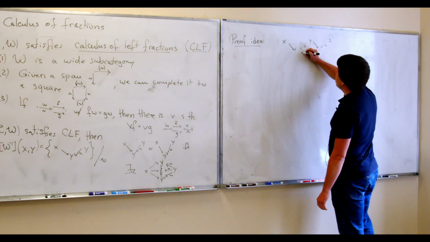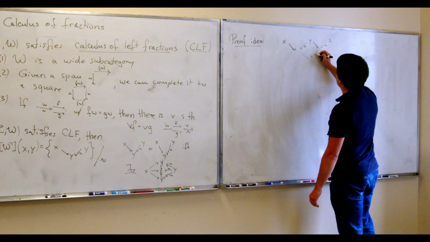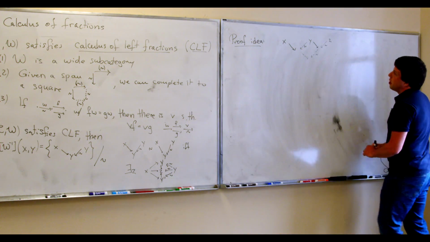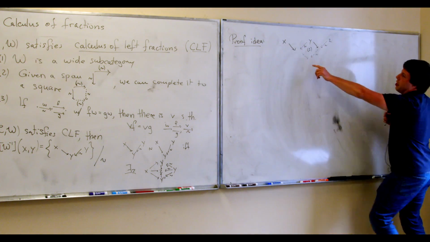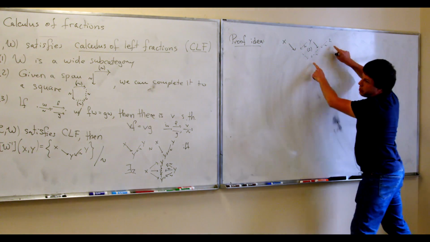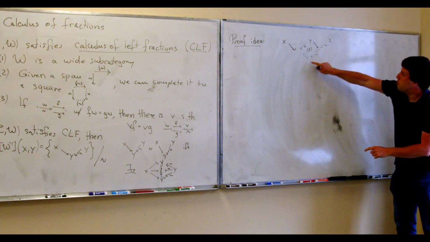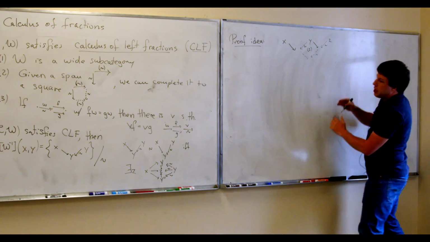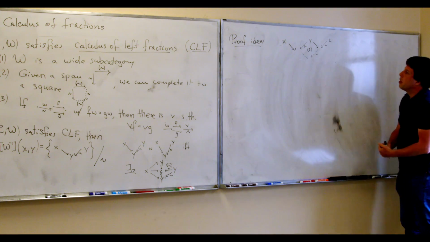Well, I'm going to use the second condition to exactly swap these things. So I'm using condition 2 to get a proper map over here, and then a weak equivalence over here. And I'm also using the fact that weak equivalences are now closed under composition to compose those two. And so that reduces arbitrary zigzags to zigzags of length 2.